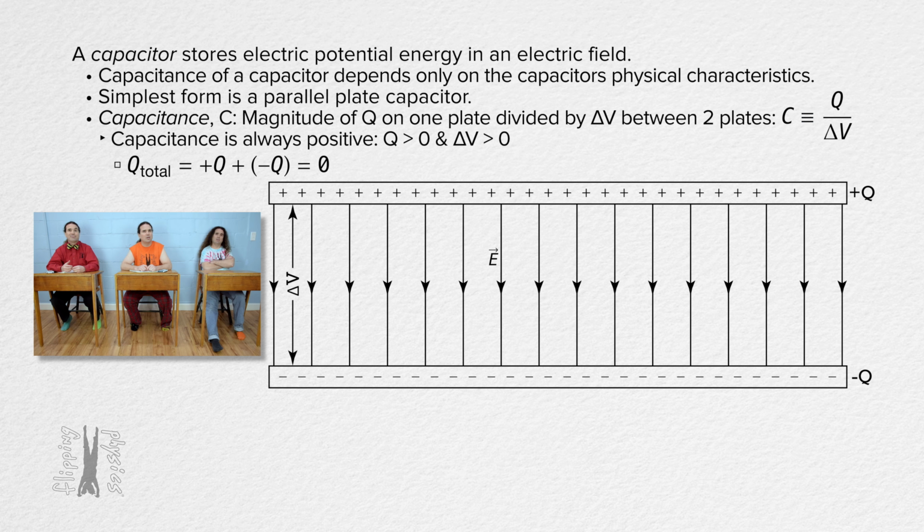Okay. If the total charge on a capacitor is zero, then how can it store electric potential energy? It takes work to separate the charges onto the plates of the capacitor, and that work must put electric potential energy into the system.